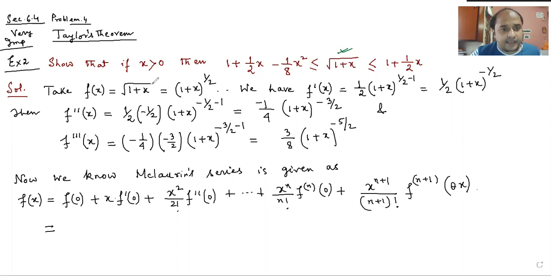f(x) is given as 1 under square root 1 plus x. So here I'm going to put x equal to 0. My x^0 becomes 1. Then we write x, and in place of x in the derivative I'm going to put 0.